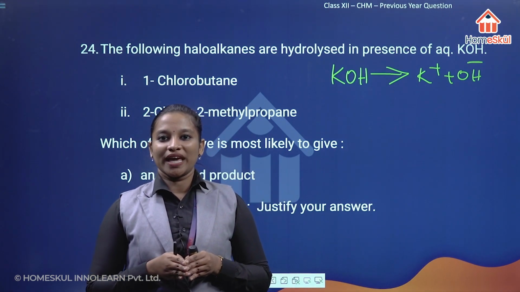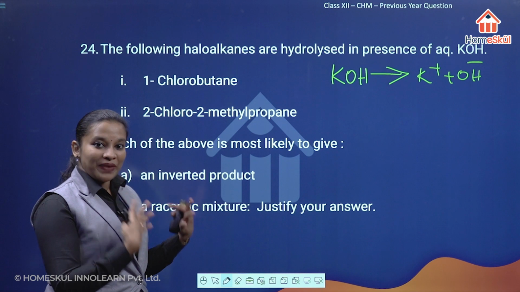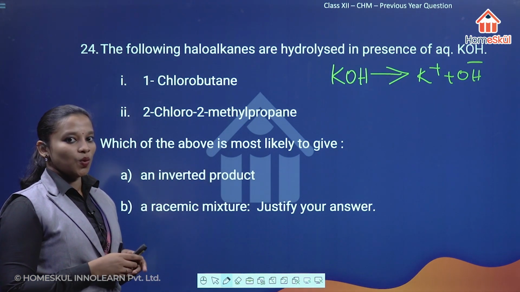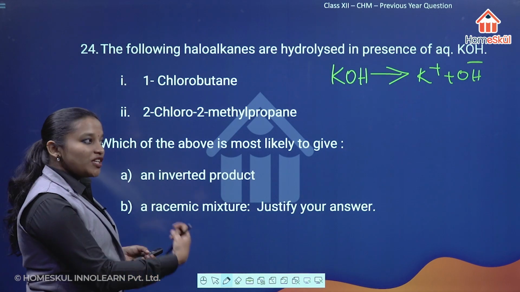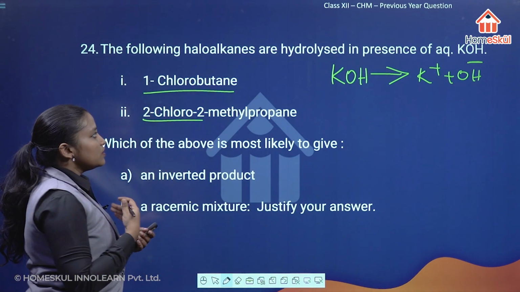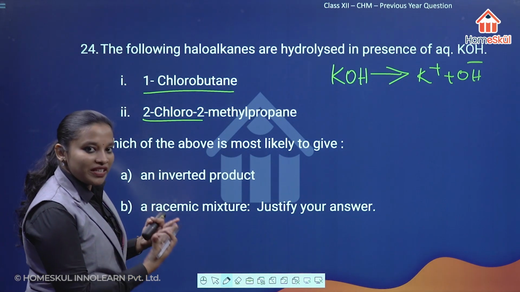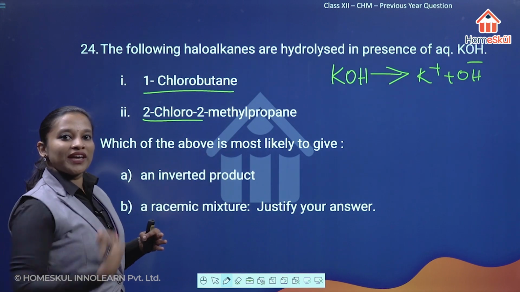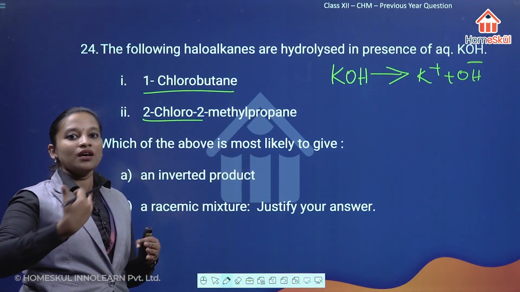Based on the mechanism, we'll get different products. In order to understand which mechanism it will take, we have to understand whether it is primary or tertiary. We are talking about the two extreme cases, primary or tertiary.